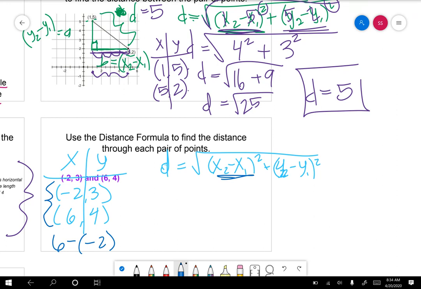So if you're looking at a graph, how far are we moving on that axis from the point 6 to the point -2, right? Or 6 plus 2. Subtracting a negative is the same thing as adding. So that'd be 8. So I'm going to write 8 there. And then the difference between the 2 y points, 3 and 4, the difference between 3 and 4 is just 1.